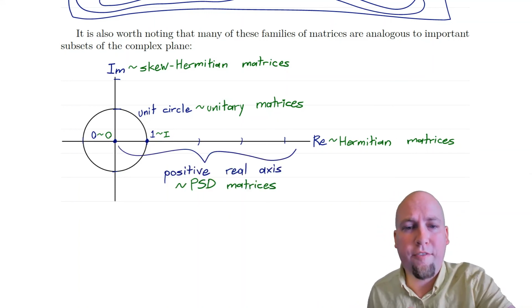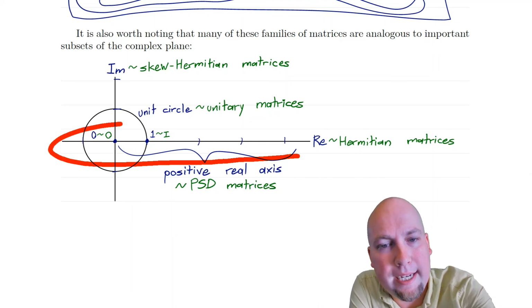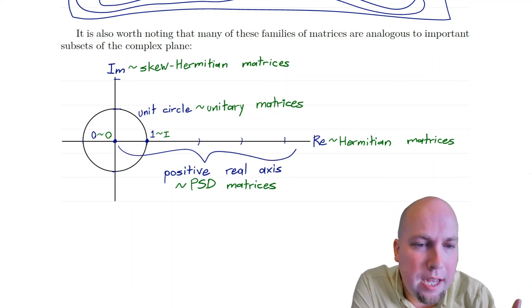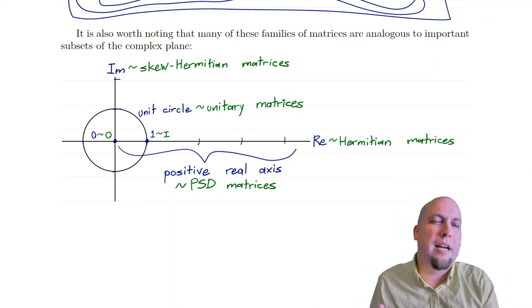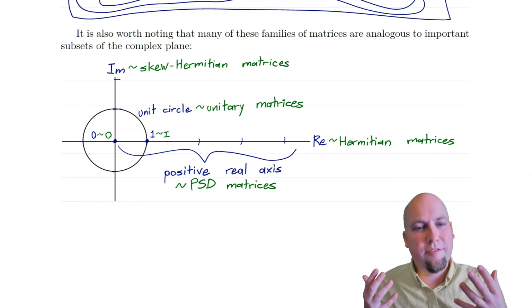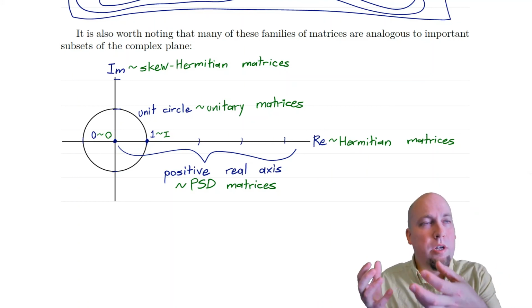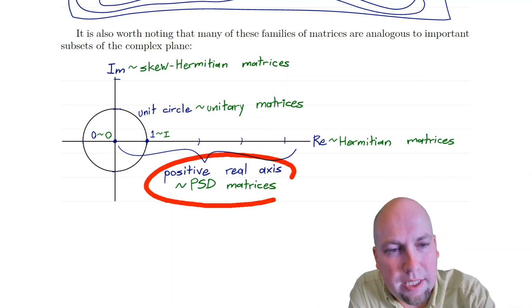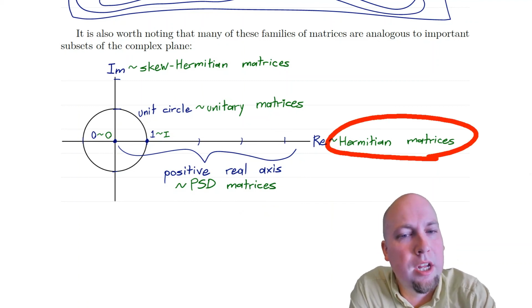And then one final one is the positive real axis, okay? So not the entire real axis, but just the positive, or maybe even just the non-negative real axis. We think of that as analogous to the positive semi-definite matrices. Remember, I've been trying to drive this point home a little bit. We think of positive semi-definite matrices as the matrix version of non-negative real numbers, okay? And, yeah, the positive real axis lives within the whole real axis, and PSD matrices live within the set of Hermitian matrices.